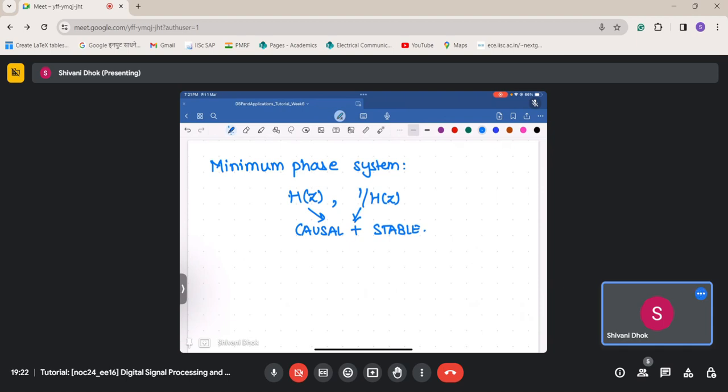Let's say, for example, my H(z) is (1 minus 2z inverse) upon (1 minus 1/4 z inverse).